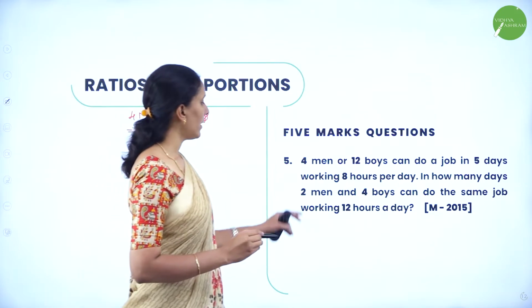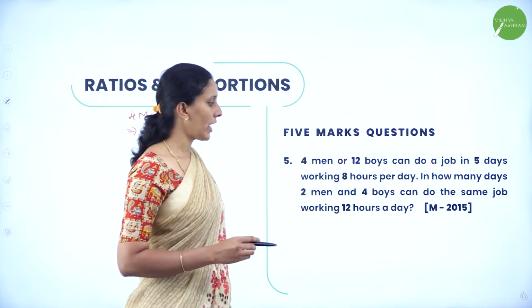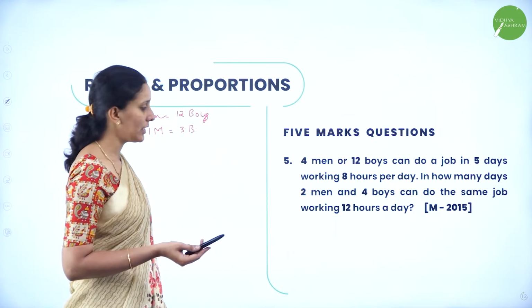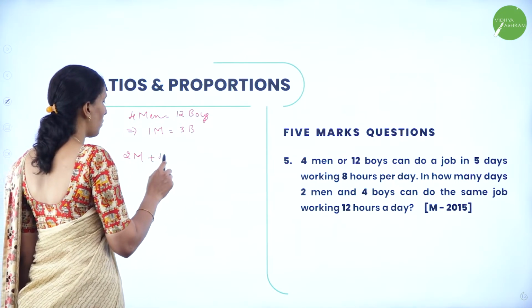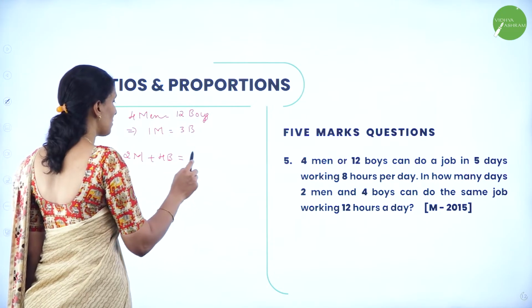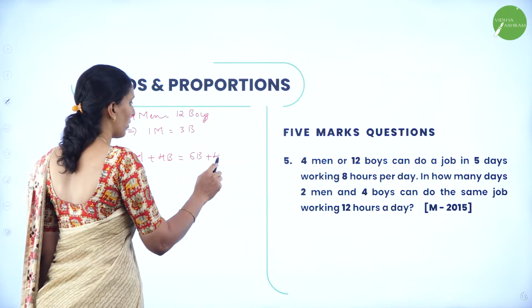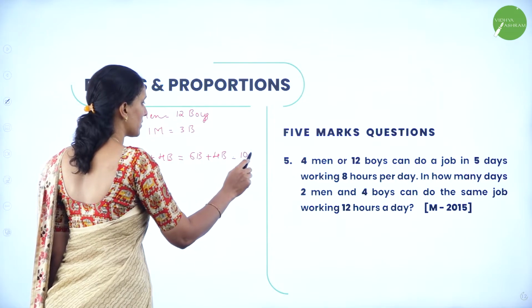Now another data they have given is that 2 men and 4 boys can do the same job working 12 hours a day. So 2 men plus 4 boys means 6 boys plus 4 boys is equal to 10 boys.